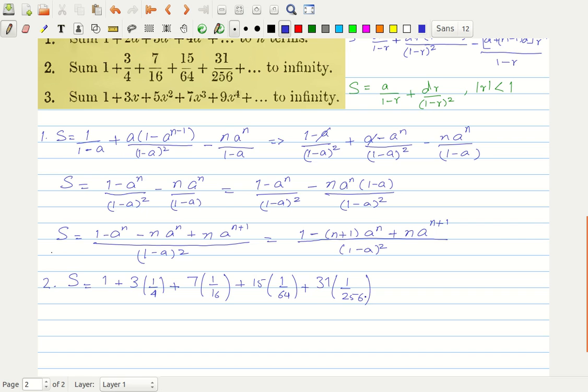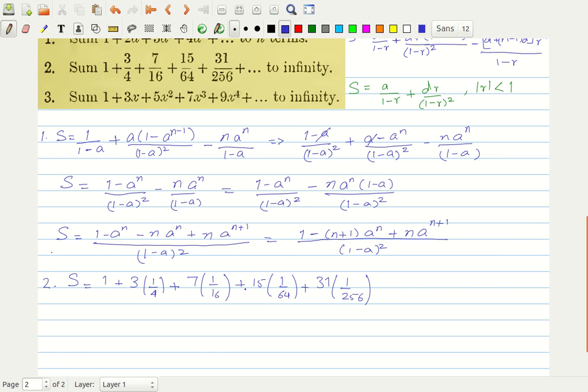Let us see if it is an arithmetic or geometric progression. It is 1 plus 2 is equal to 3, 3 plus 4 is equal to 7, 7 plus 8 is equal to 15. So it is exactly not an arithmetico-geometric progression.